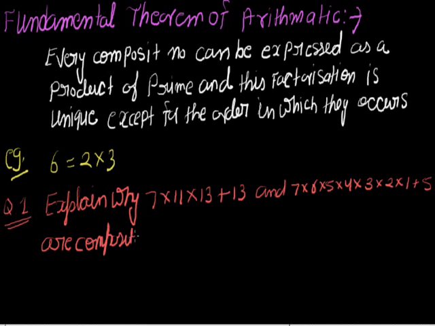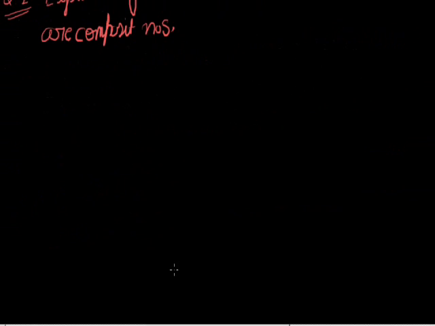We have to explain why these two numbers are composite numbers. Since we are aware of the fact that every composite number can be expressed into its prime factors, or composite number means any number having more than two factors is a composite number. So let us come to the solution of this question.